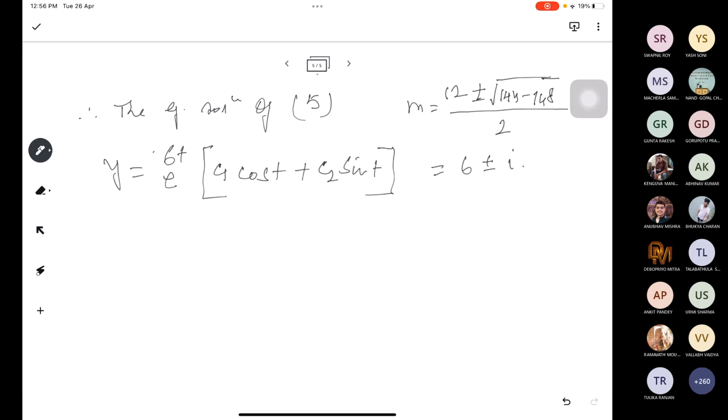This is of the form alpha plus minus i beta. So the solution will be of the form e to the power of alpha t, C1 cos beta t plus C2 sin beta t. C1 and C2 are constants. Okay.